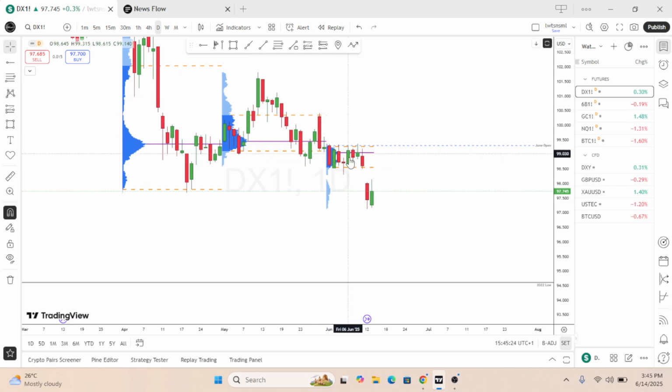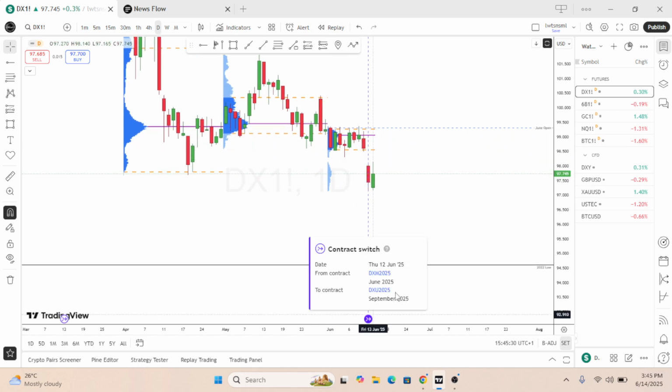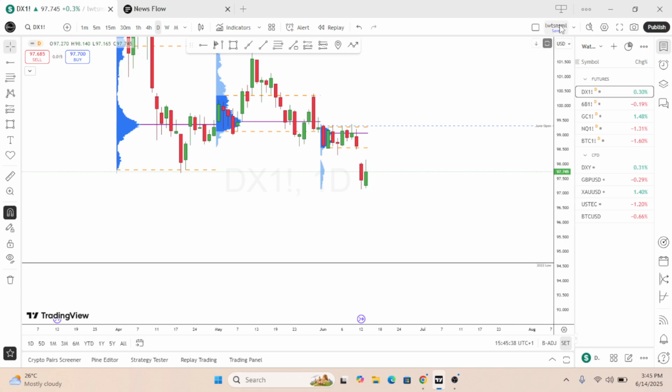Since then, we've consolidated around the value area low for the previous month before we had a push down. And we had a gap down on the dollar index futures when the new contract opened on Thursday. These are things we should take note of.